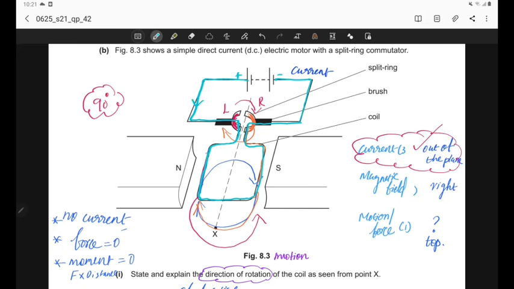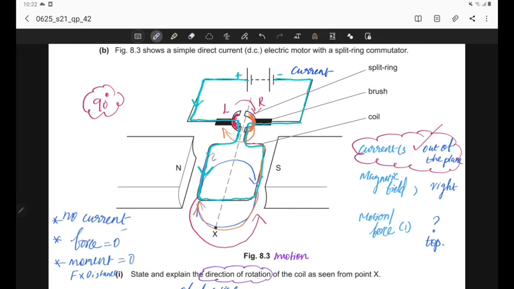So because of the presence of current and magnetic field in the coil, there will be force. So on the coil at the left side, the current is passing out of the page, so the force will be exactly as we have discussed. The force will be the same as what we have already checked before.